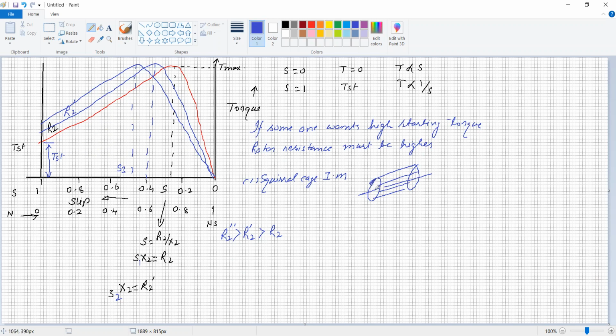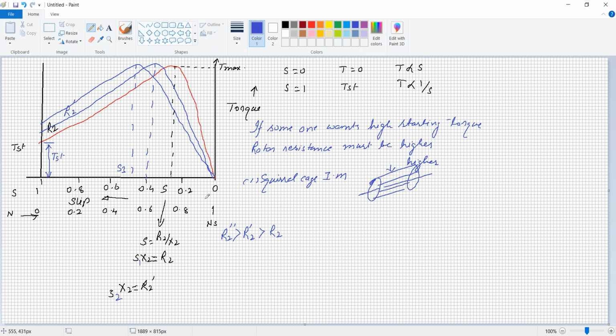Here in the rotor circuit, we cannot add some external resistance for starting purpose, isn't it? If you choose a copper bar of higher resistance, under running condition continuous high resistance will give copper losses. So higher resistance of the rotor circuit will lead to more copper losses, and the efficiency of the motor decreases.